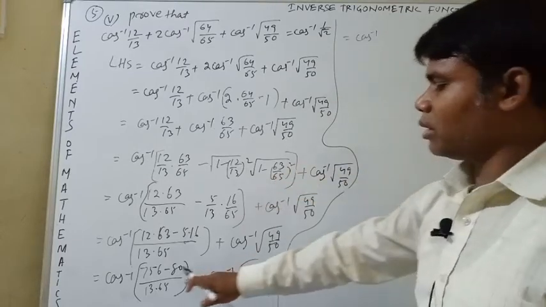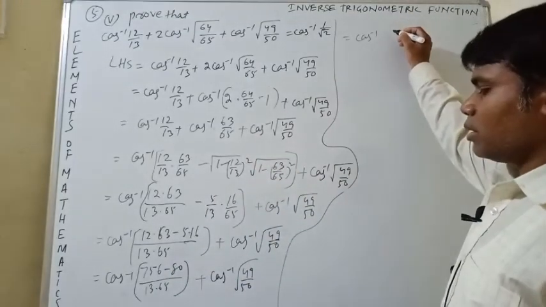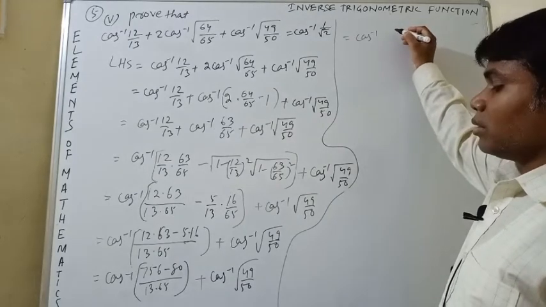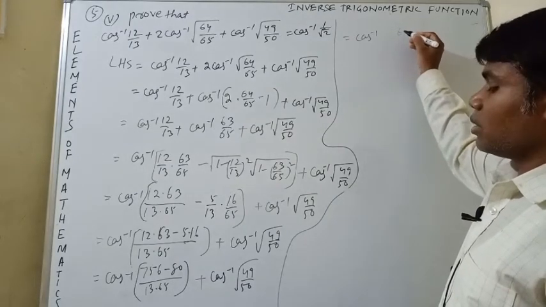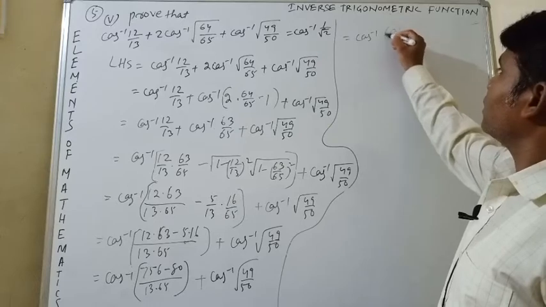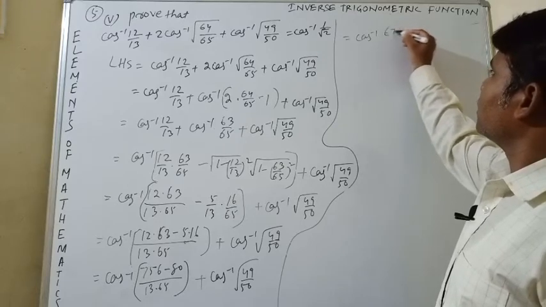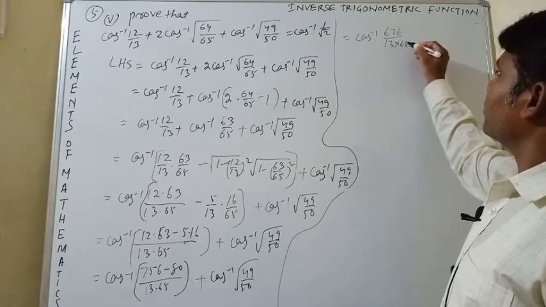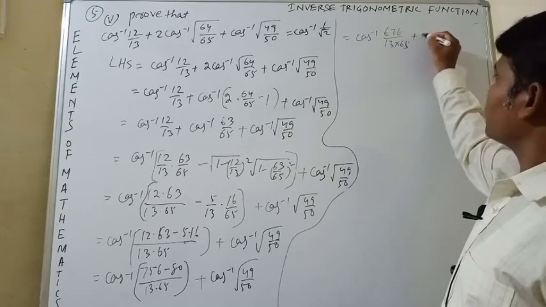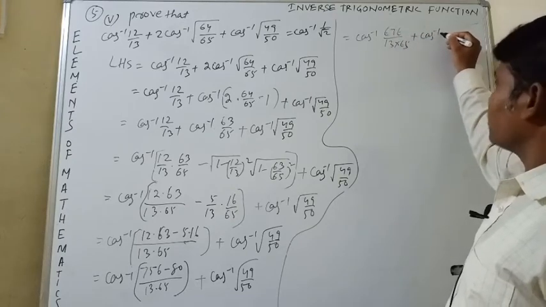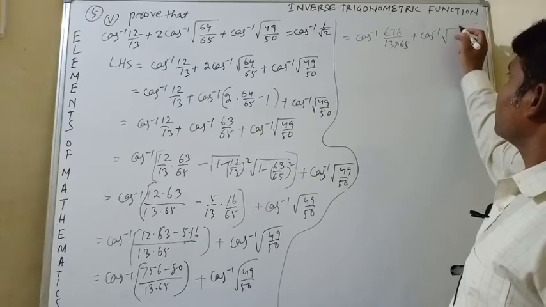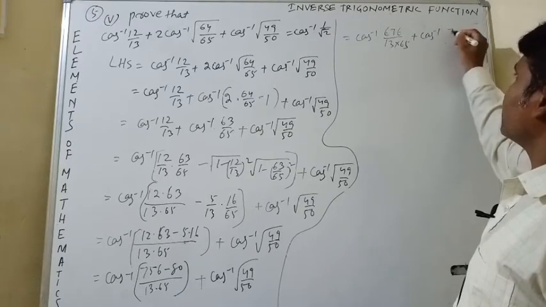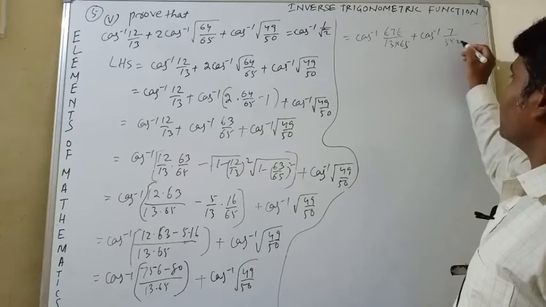You see this is 676 divide 13 into 65, okay, plus cos inverse root over 14. You can write 7 by 5 root 2, okay.